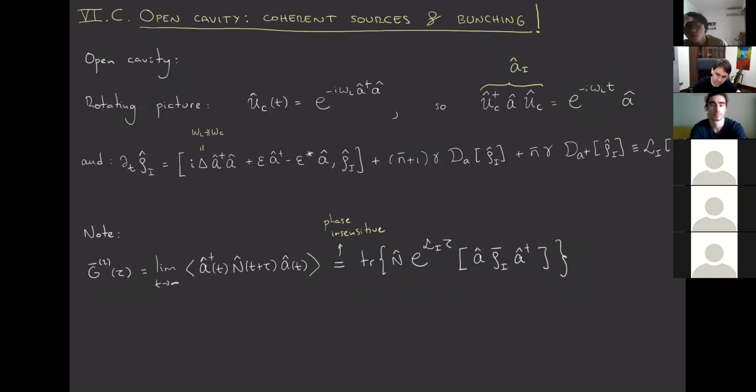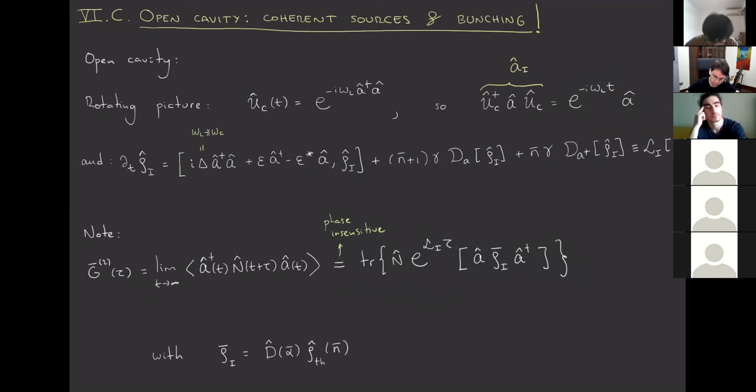And what is the steady state? The steady state of this Lindbladian, or of this master equation. So I remind you, this is what we already saw in the previous chapter, and I remind you that it's very easy. In general, this is equal to a displaced thermal state. So let me write it like this.